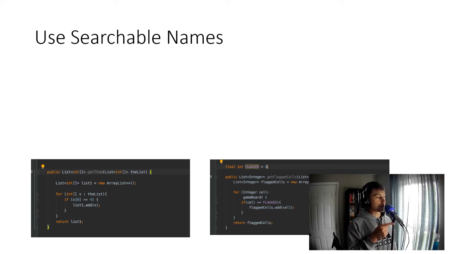How much easier that is going to be to search, where I can just Control-F for flagged and get the couple of occurrences in the file, versus maybe on the left, if I had a final int x equals 4, and I try to search for x. Think about how many x's could potentially be in your class. Now, yeah, maybe you get lucky and you only have one. Cool.